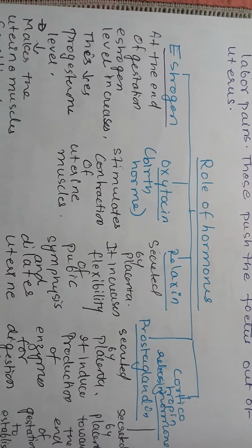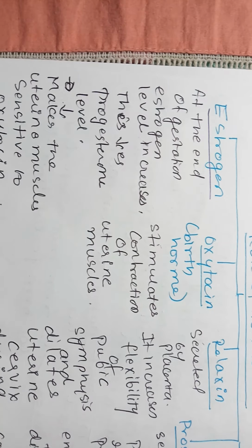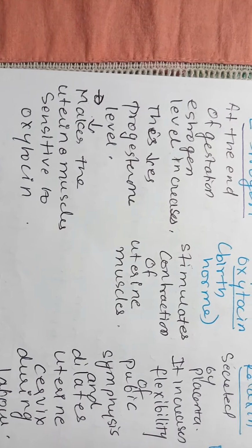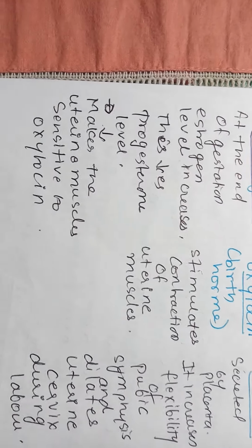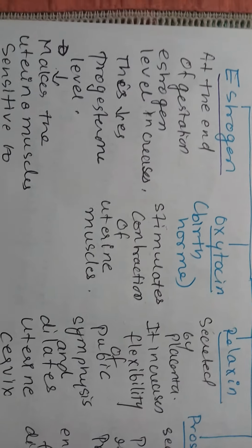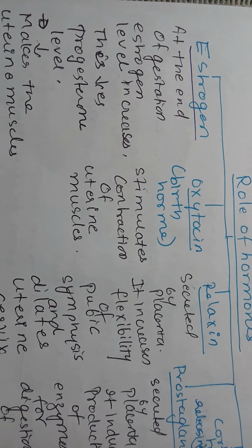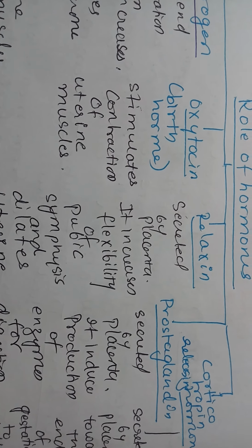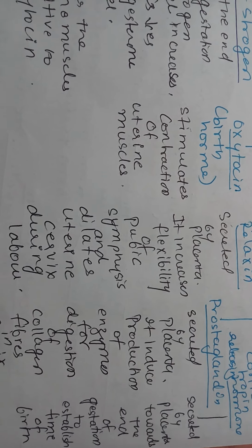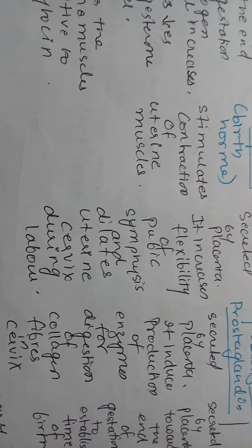Now let's see the role of hormones. At the end of gestation, estrogen level increases and this decreases progesterone. So pregnancy is now over, and this makes the uterine muscle sensitive to oxytocin. Oxytocin stimulates contraction of uterine muscles. Relaxin is secreted by the placenta and it increases flexibility of the pubic symphysis and dilates the uterine cervix during labor.